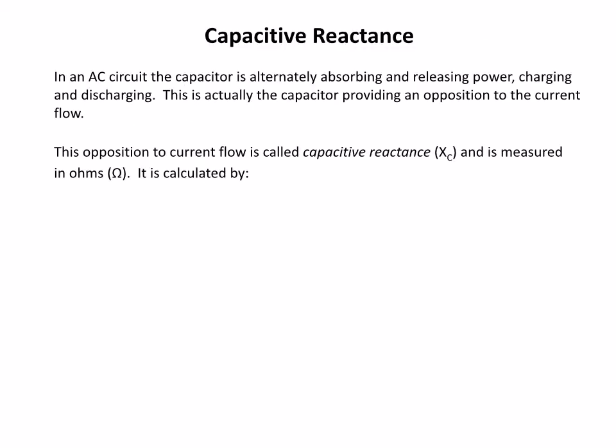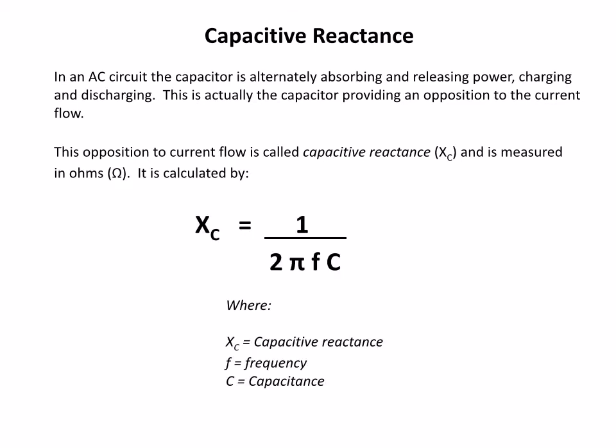A capacitor in an AC circuit causes capacitive reactance. We looked at inductive reactance, which was an inductor in an AC circuit. A capacitor also produces reactance, known as XC. Again, that's measured in ohms, and we use the formula XC is 1 divided by 2 pi FC, where XC is the capacitive reactance, F is the frequency, and C is the capacitance.